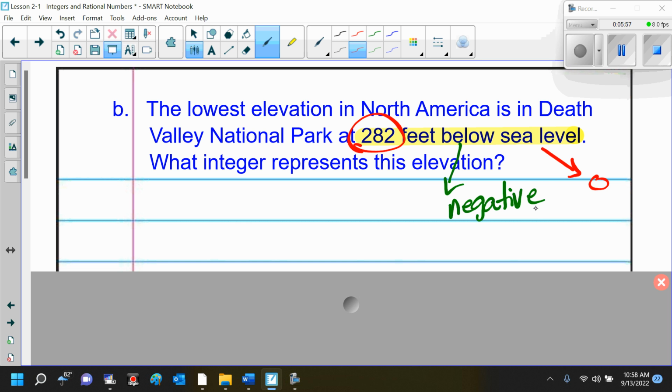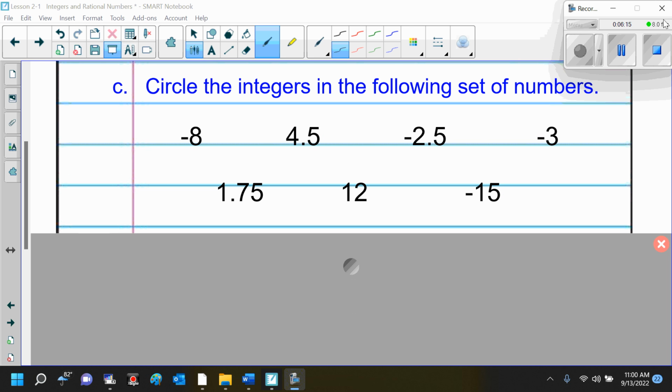So what integer represents this situation? Negative 282. We don't say subtraction, we say negative. Okay? On this example, we want to circle the integers in the following set of numbers.